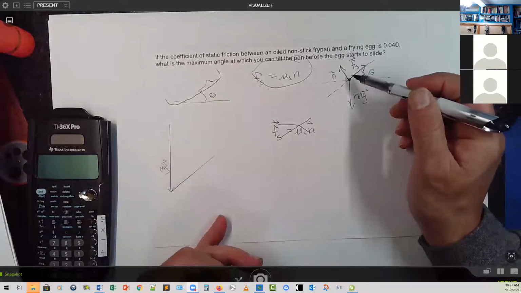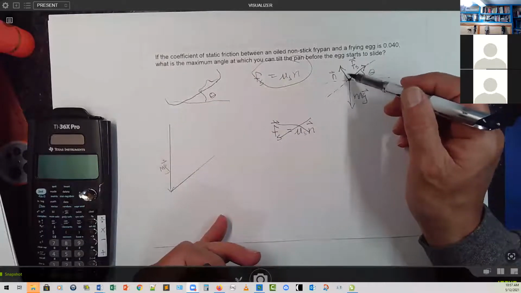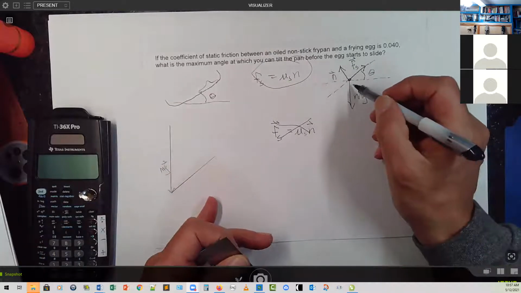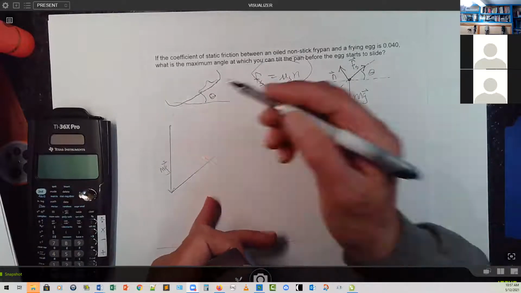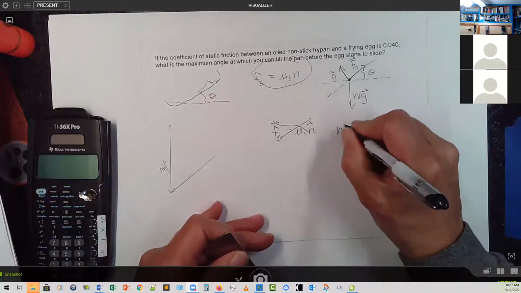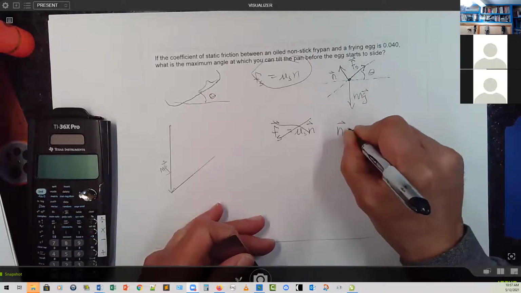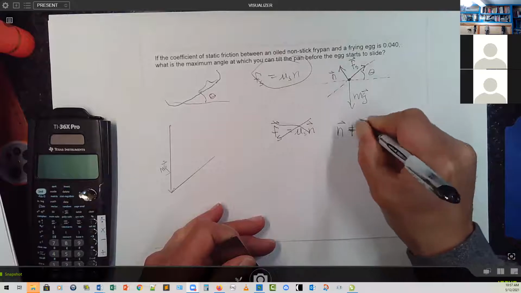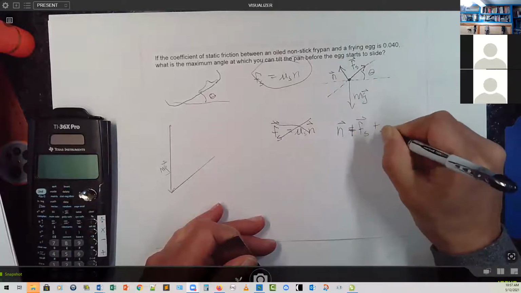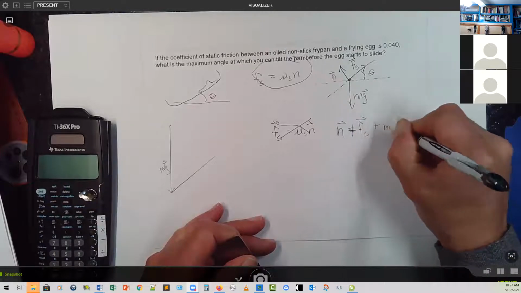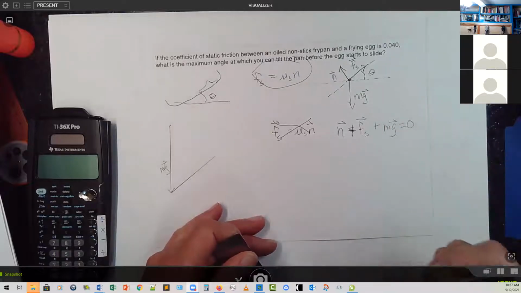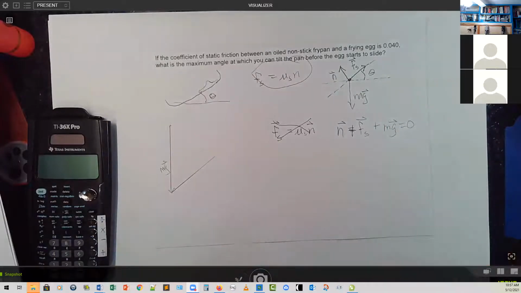F sub s and n are perpendicular to each other, and they have to come back to the starting point of this thing because here's what I have. The sum of these forces is equal to 0: F sub s plus n plus mg is equal to 0. I have a dying pen here, but hope you can still read that.